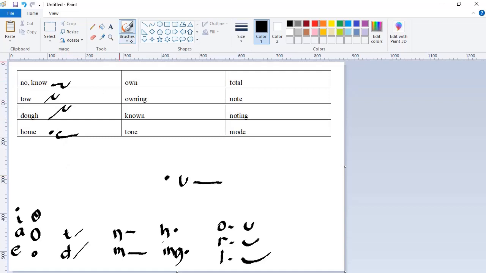Okay, so tingnan natin yung iba. Own. So, yung own, we have O and N. Owning, we have O, N, and then we have ING. Ulitin natin, mahaba masyado yung N. Known.